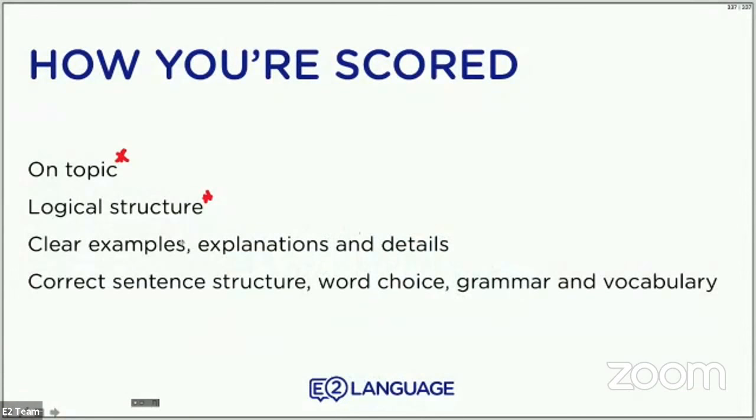I take you through sentence by sentence. You're also scored on using good examples, explanations, and details, which is a part of this structure actually. Lastly, sentence structure, word choice, like the adjectives, grammar, like the prepositions and the articles, and vocabulary.